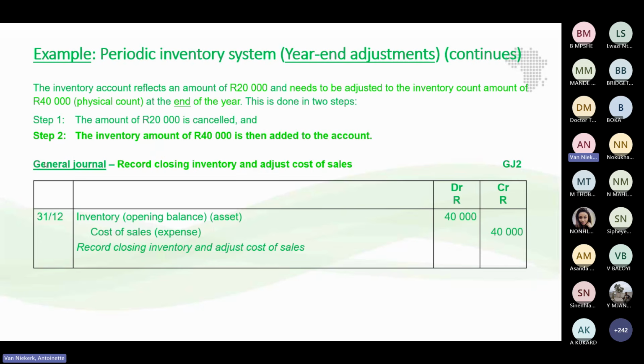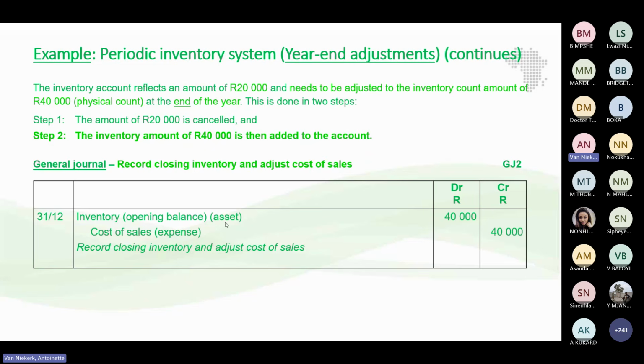The second step, inventory amount of 40,000 Rand is then added to the account. So that would be your inventory account. So we record the closing inventory when we did the stock take or the physical inventory count and adjust the cost of sales.